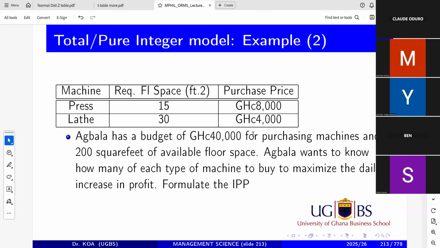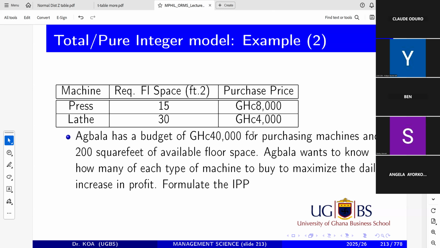Continue. And 8,000x1 plus 4,000x2 less than or equal to 40,000. Very good, 1 mark. So that is how you do the formulation. Then after that, add your non-negativity constraint as well as the integrality constraint.